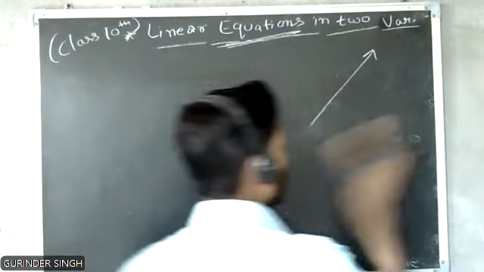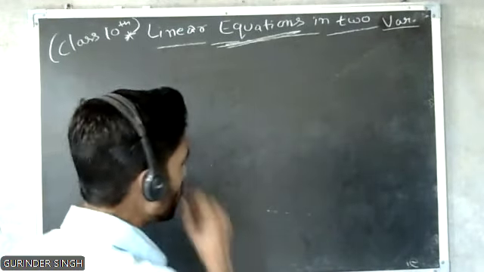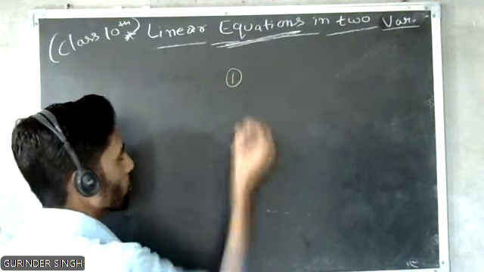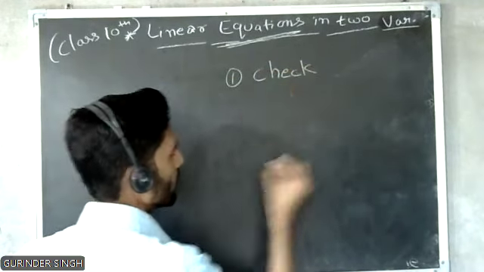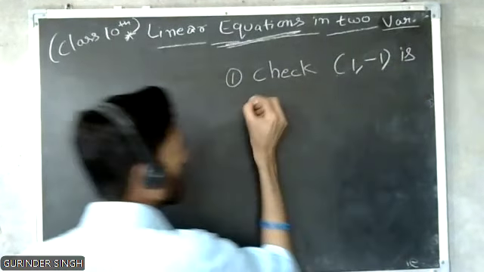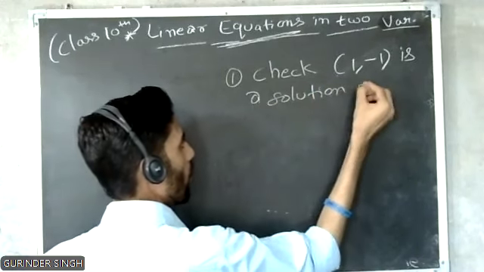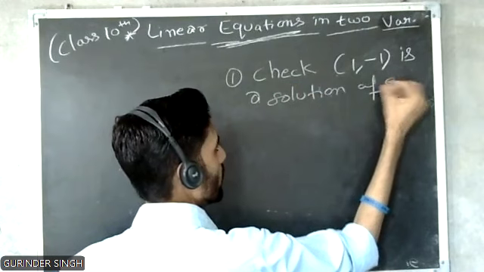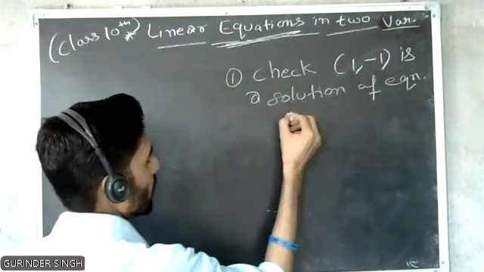So the question will be like this, let me do the first question. Check whether 1 comma minus 1 is a solution of the equation, which is a linear equation in two variables.